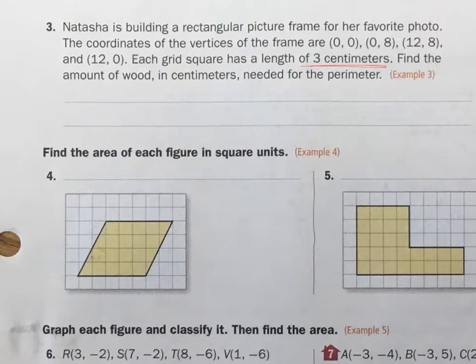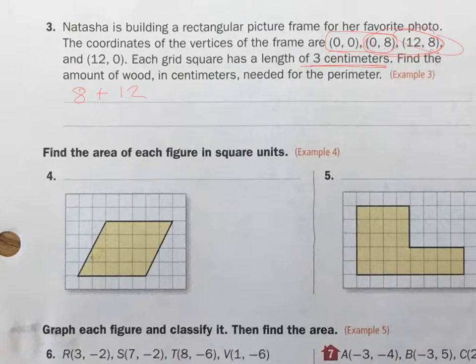Okay, so I look at these first two here. 0 is the same. The difference between 8 and 0 is 8. So it's 8 plus, now I'm going to look at these two here. The 8s are the same, so the difference between the other two is 12 and 0 is 12.